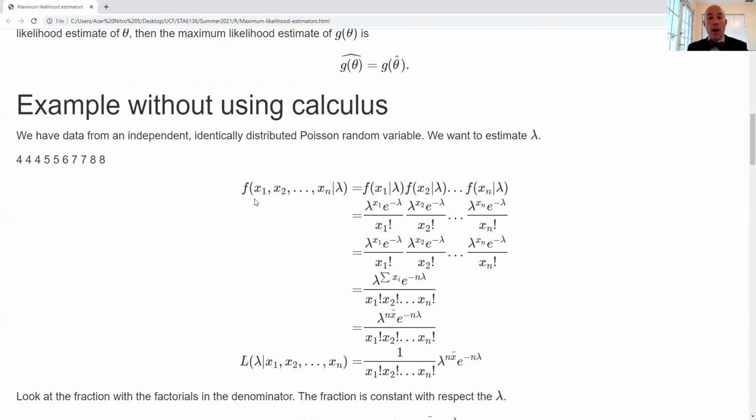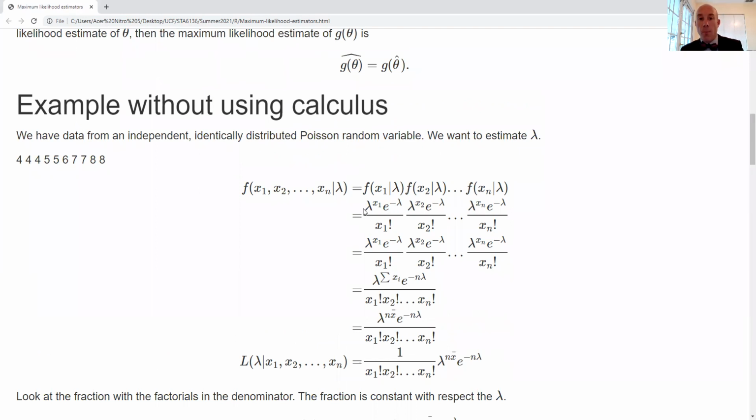So here, f of all the data is f of the individual data multiplied together. Once I have everything factored apart, I replace f with the actual Poisson density. I plug in the data point, and I do this repeatedly.